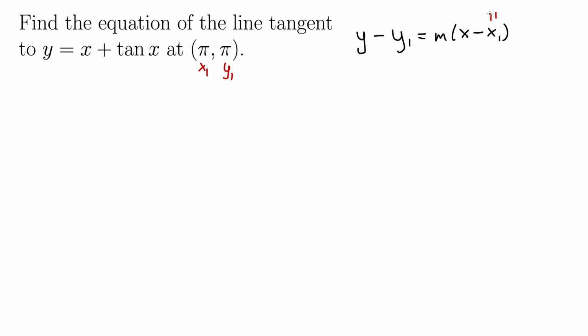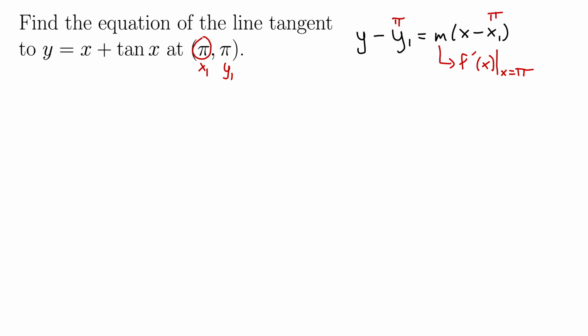So we know x1 is pi, y1 is pi. Now m, that's going to be the derivative, f prime, evaluated at the point. Let's find that derivative and evaluate it at x equals pi.